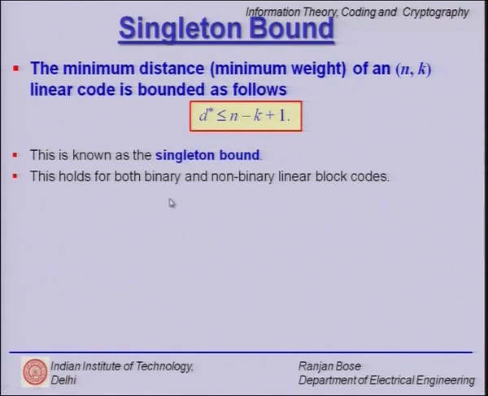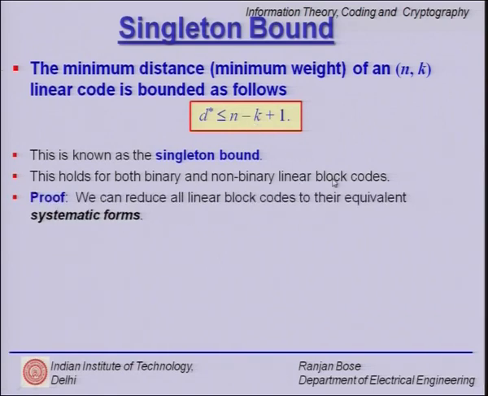and we make another observation that this holds for both binary and non-binary linear block codes. In fact, to prove this you only need the condition of linearity. How do we go about proving it? Well, we know that we can reduce all linear block codes to their equivalent systematic form. What does that mean?